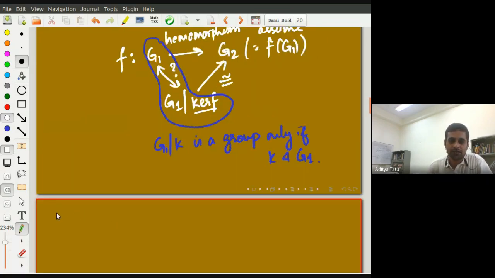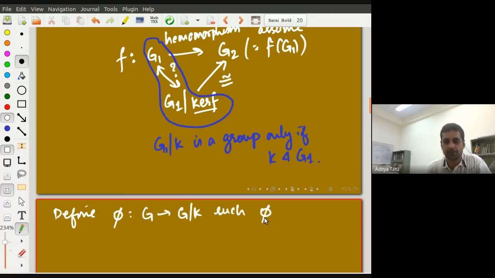So I want to define phi from G to the quotient group, such that phi maps K to, where should phi map K to?